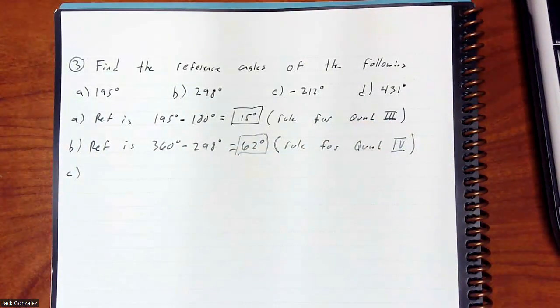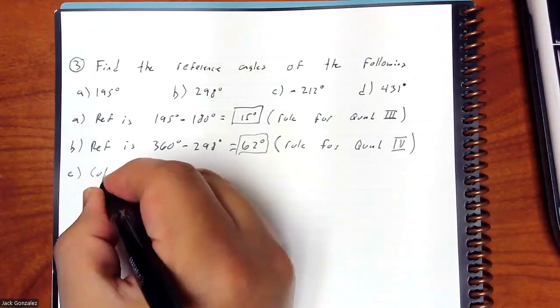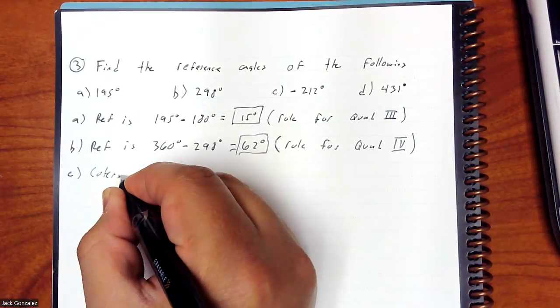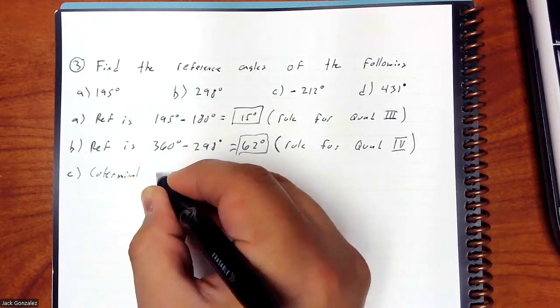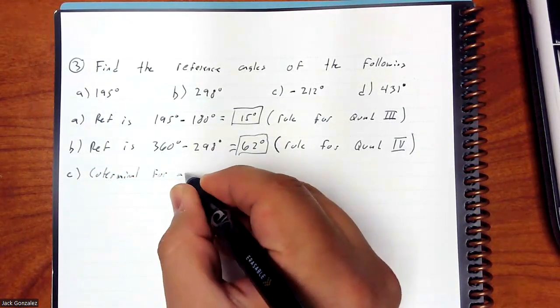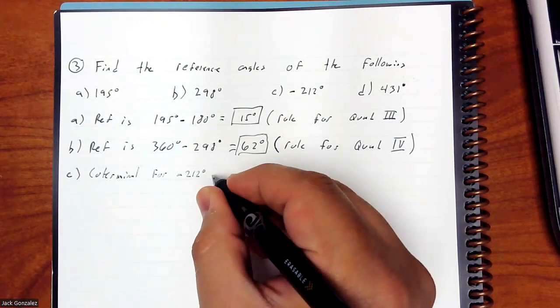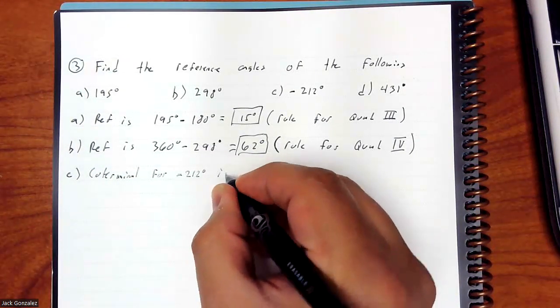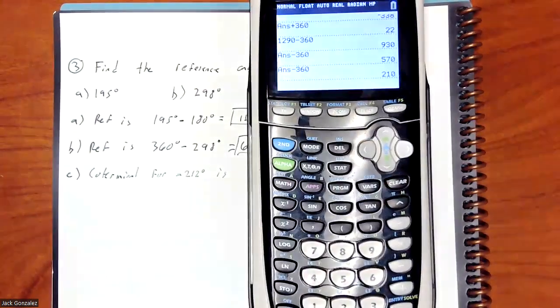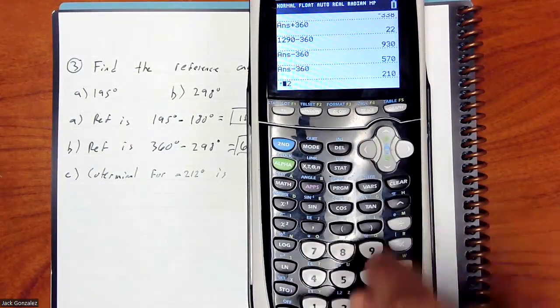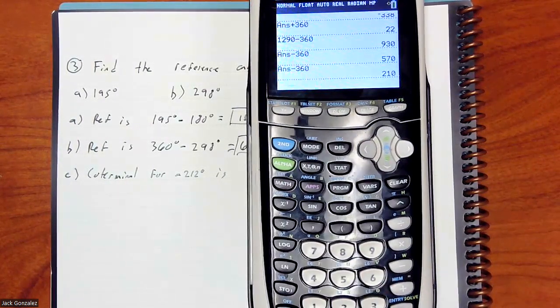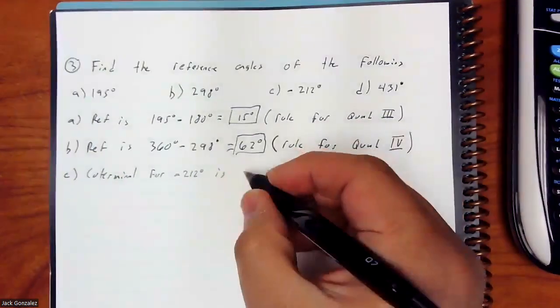C. Negative 212, well, we gotta fix that negative. So find the coterminal first, and then follow the 4 rules. So coterminal is, just take negative 212 and add 360. 148.